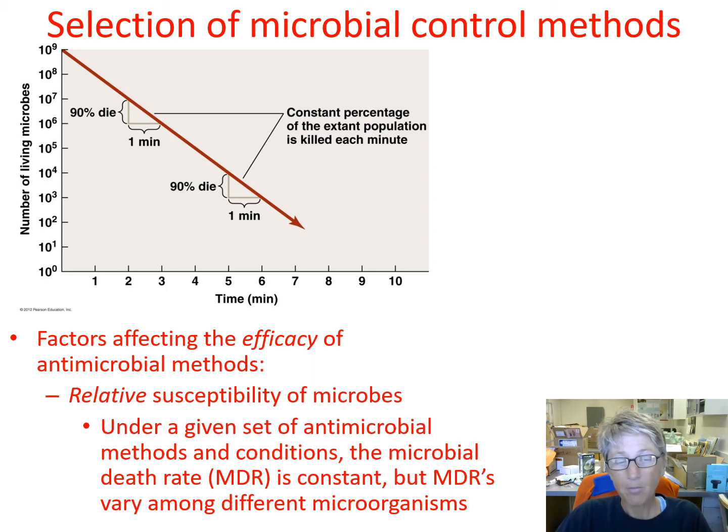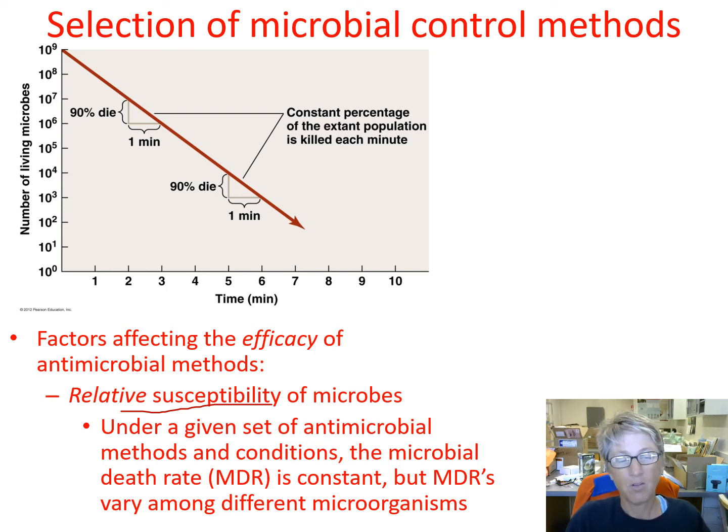Think about the relative susceptibility of microbes. Under a given set of antimicrobial methods and conditions, the microbial death rate is constant. So the methods, how you're going to disinfect: is the surface a piece of wood? Is it tile?